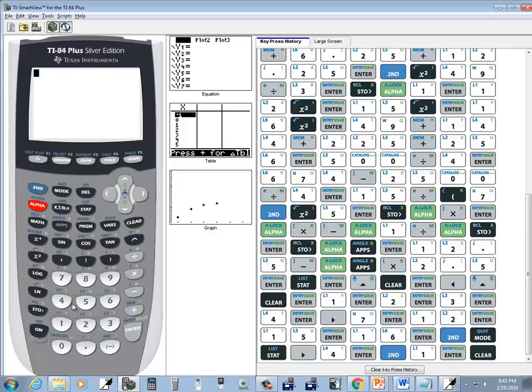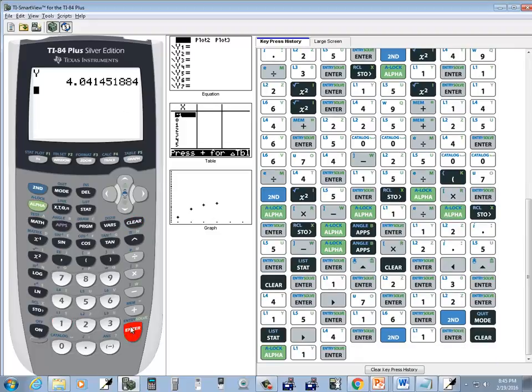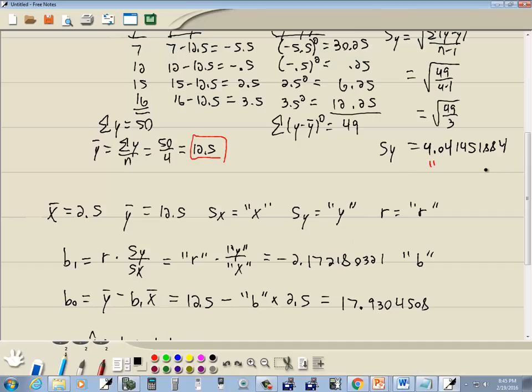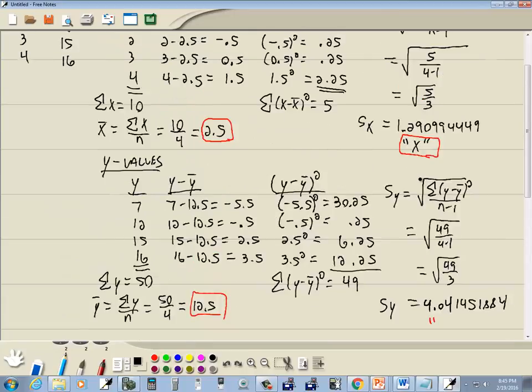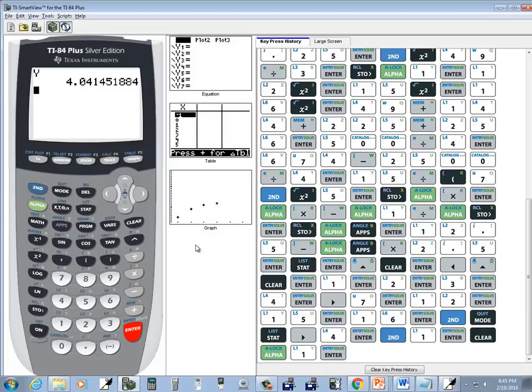Okay, now it's got me pondering. 4.04145184. Okay. And then S sub x, alpha x, 1.29. Well, let's see if I did get the standard deviation right.